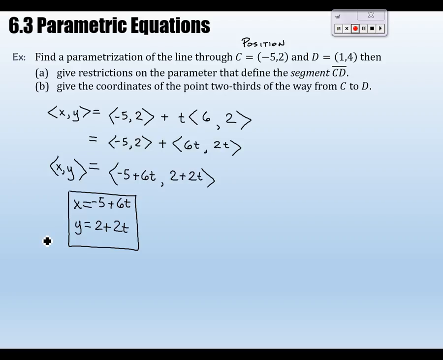We got to do answer A and B. Can we give restrictions based on our conversation that we had a second ago? What would put us at the point C? What t value? Right, so I think that if t is 0, we're going to be at C. And what t value puts us at D? 1.